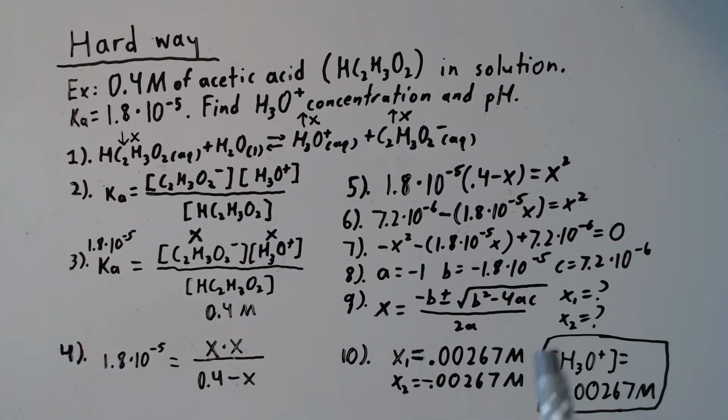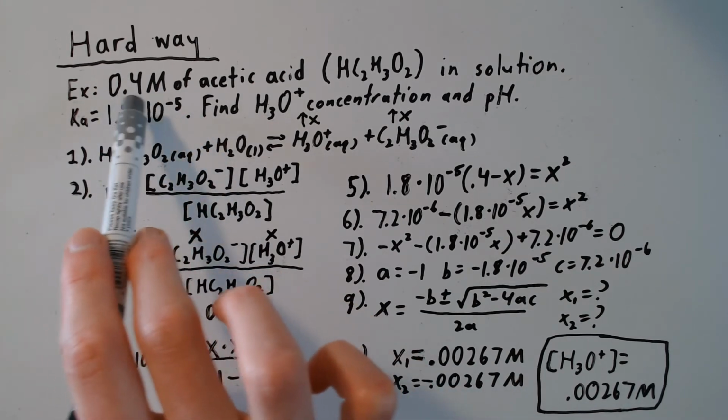Which one is correct? The correct one for any of these concentration problems is always the positive one. You never choose the negative one because it's impossible to have a negative concentration of a substance. The concentrations have to be positive. And also, let's say both of these x's are positive, then you choose the x that is less than the initial concentration of this acid.